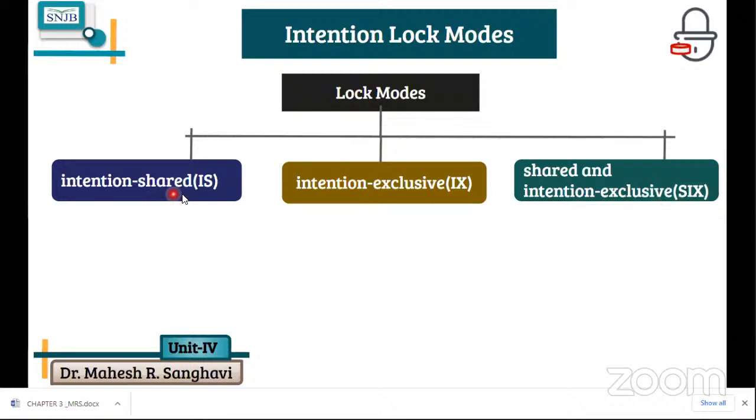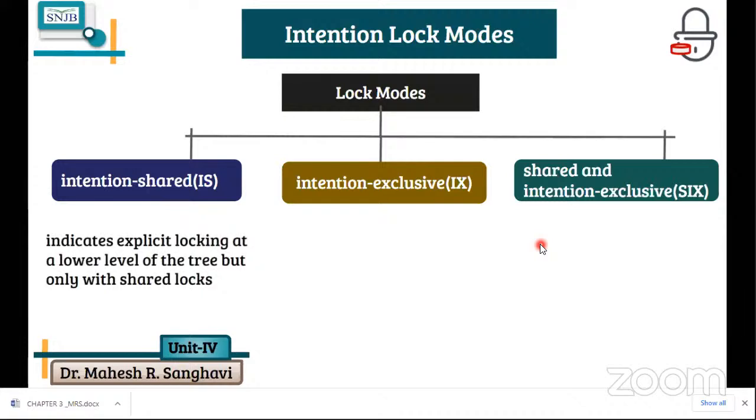So intention shared is denoted by IS, intention exclusive is denoted by IX, and shared and intention exclusive is denoted by SIX. Now we need to understand the meaning of this.